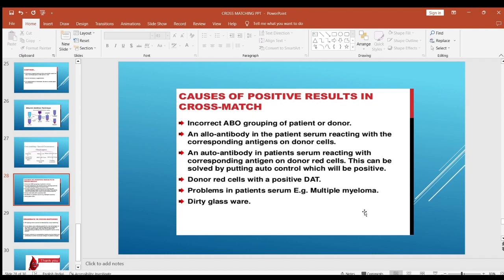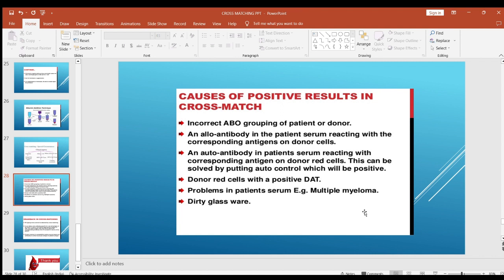Next we will move on to the causes of positive results in cross match. First point, incorrect ABO grouping of patient or donor. Next, an alloantibody of the patient reacting with the corresponding antigens on donor cells. An autoantibody in patient serum reacting with corresponding antigen on donor red cells.